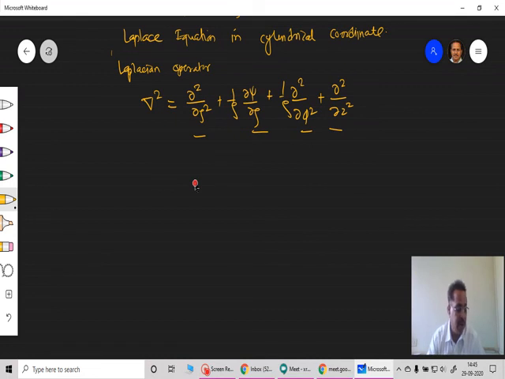So all these things are what we have discussed right from the beginning. Now what you have to remember is how to write del bar in the curvilinear coordinate system, therefore in Cartesian, in spherical and in cylindrical. Then write grad phi in the curvilinear coordinate system, then in the case of cylindrical, spherical as well as Cartesian. Then del dot f bar, that is the divergence, in curvilinear, in spherical, in Cartesian as well as in cylindrical.